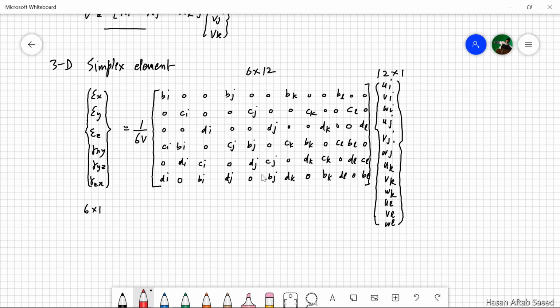So this is the final shape for the B matrix for a 3D simplex element.